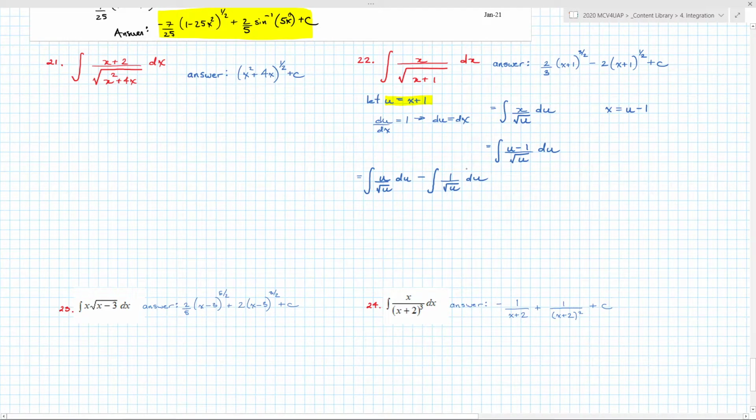The first one just becomes, so square root of u is u to the half. So u divided by u to the 1/2 is u to the 1/2. So this becomes the integral of u to the 1/2 du minus the integral of u to the negative 1/2 du.